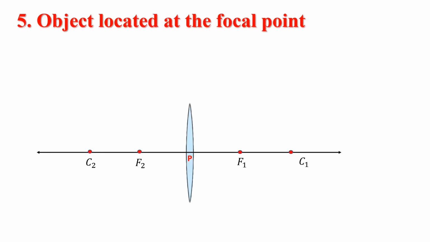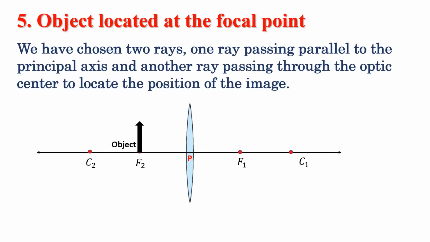And the fifth position, the object is located at the focal point, that is F2. You see the object is placed at F2. Now again we are using two rays to draw the ray diagram. The first ray, which is parallel to the principal axis, after refraction will pass through the focus. The second ray is the ray which is passing through the optic center of the lens.